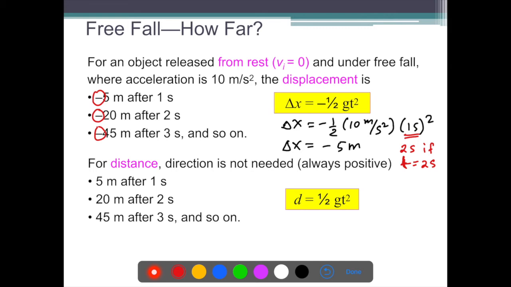So we've taken the downward direction to be the negative direction. If you just want to calculate the distance, distance is a scalar quantity, so you don't need the direction. You can simply disregard the signs and have only positive values for your distance. So here also we disregarded the negative sign in order to get the distance.